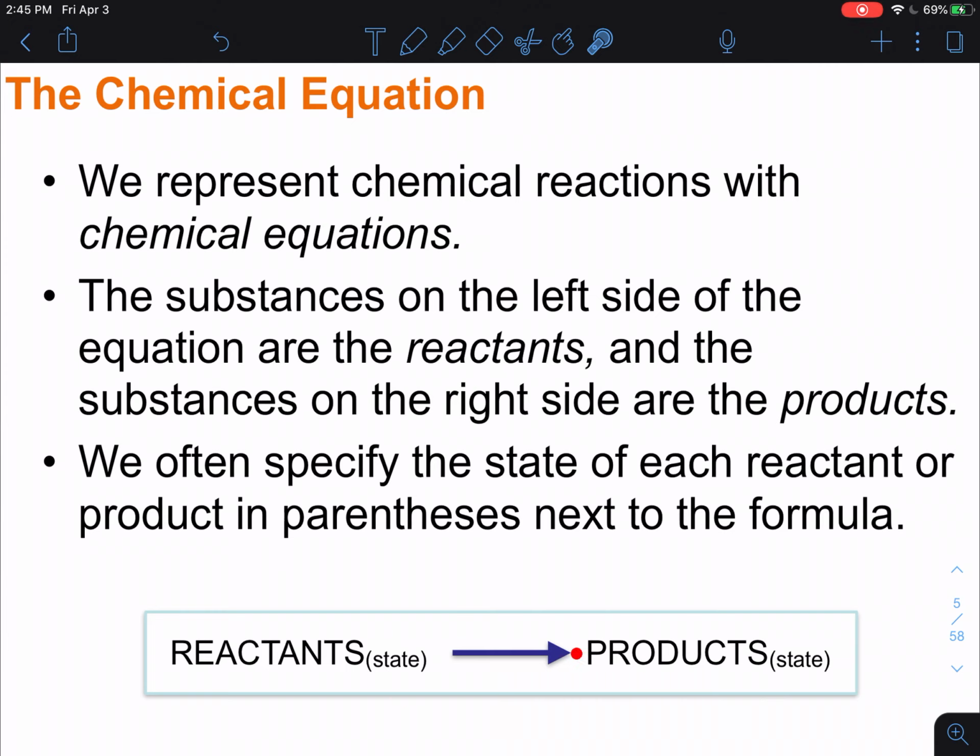Then we have this arrow right here, which indicates that the reactants react to form the products, which are always on the right side of the equation. And again, with the products, oftentimes we have the state indicated as well. We often specify the state of each reactant or product in parentheses next to the formula.